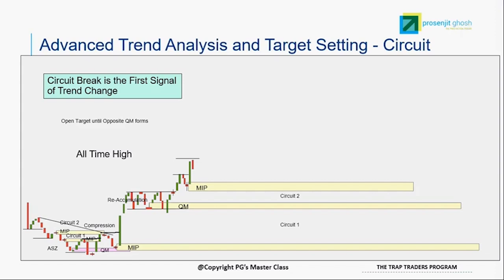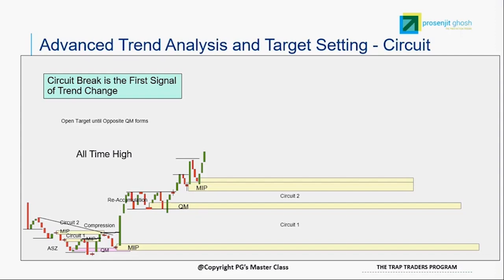So this is the process by which price moves in a chart. It will continuously create one circuit after another in the chart. Now here what happened, after the MIP got created, price came down, tested the MIP in front of you, right, and price moved up and engulfed the new resistance as well.